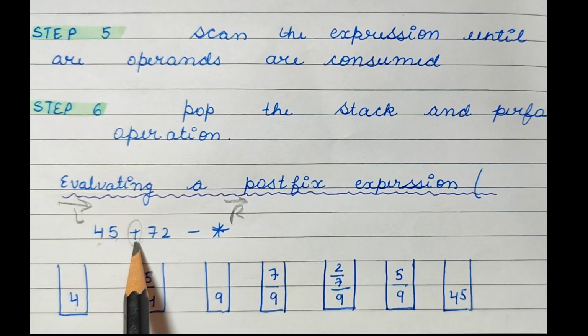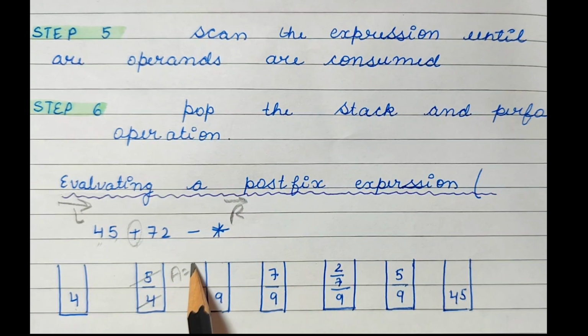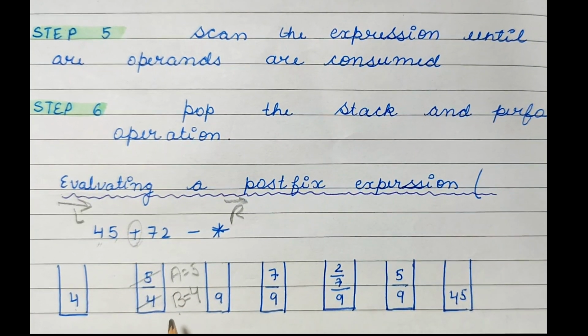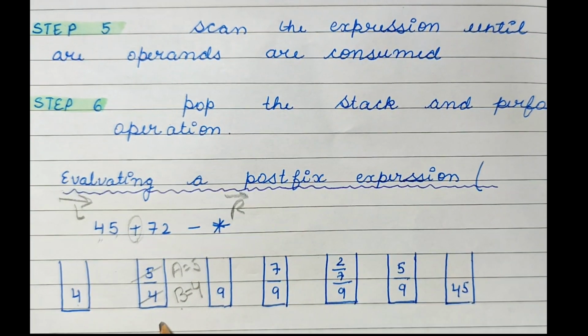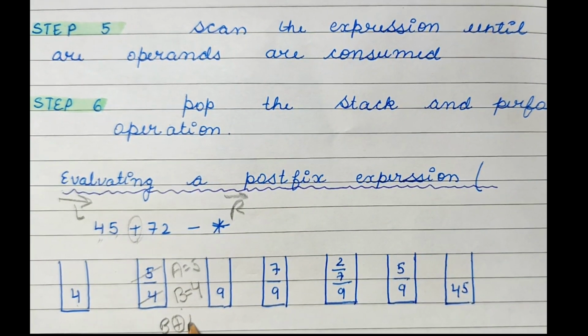Pop 2 operands from the stack. First we pop 5 and assign the value 5 to variable A. Then I pop the second operand and assign it to the variable B. And after this you have to perform B operator A.